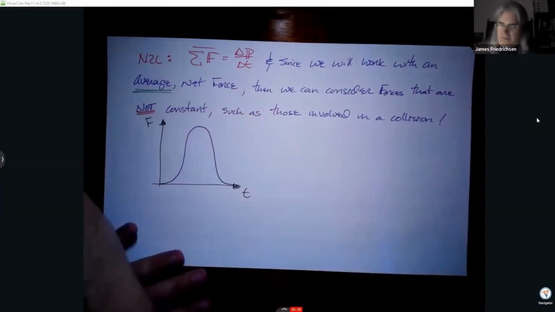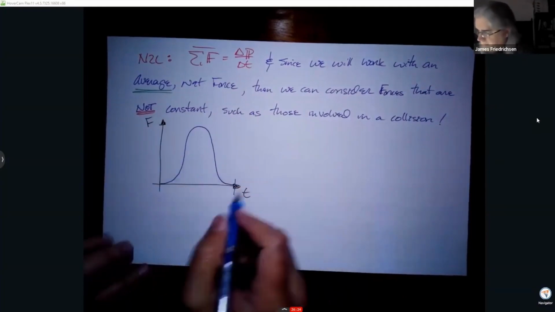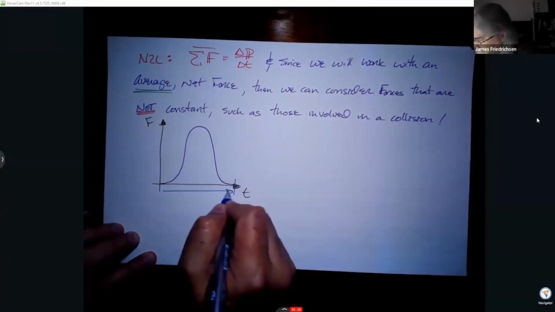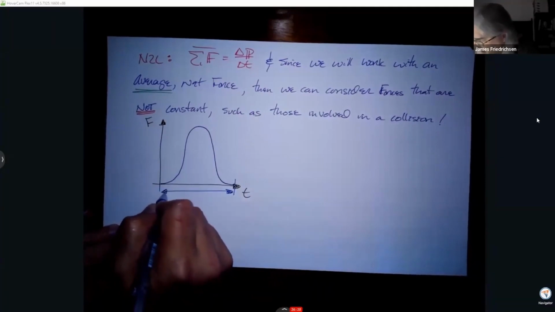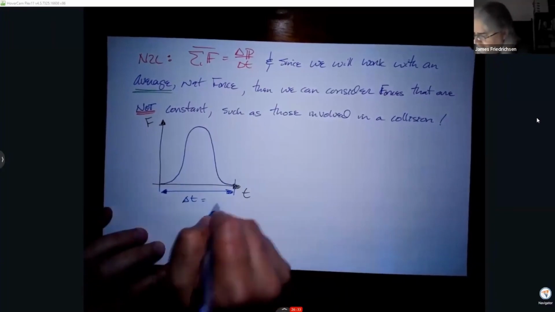And so from here, what we can see is that from this point to this point is the amount of time for the collision. So this is the time interval, our collision time.